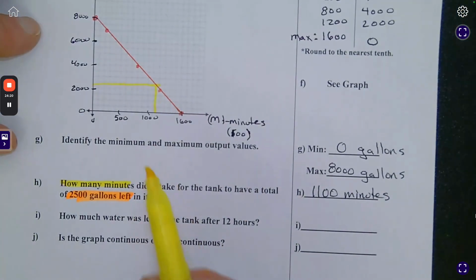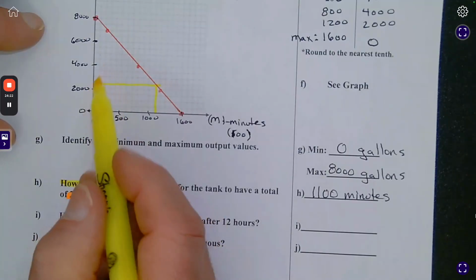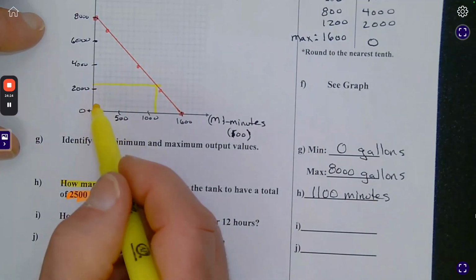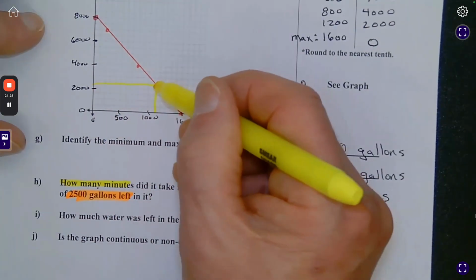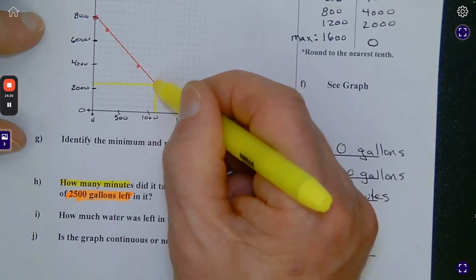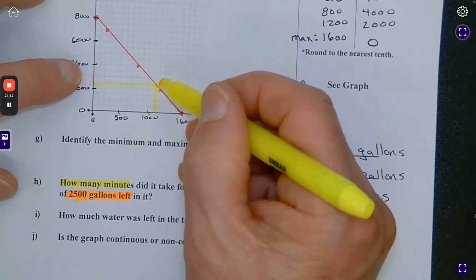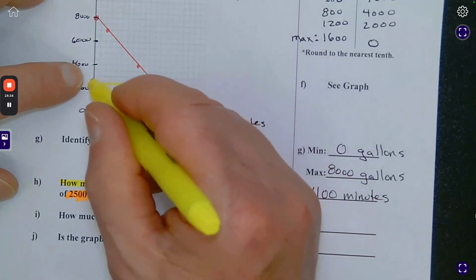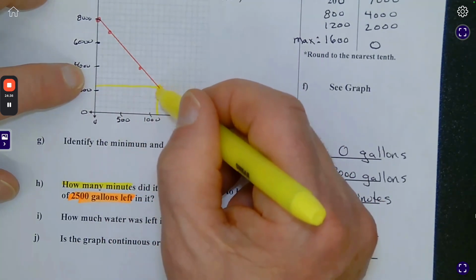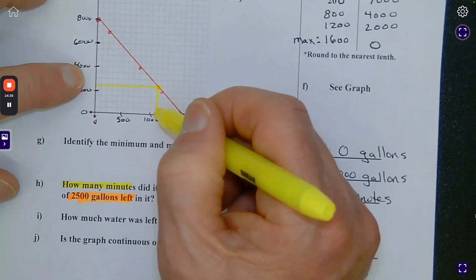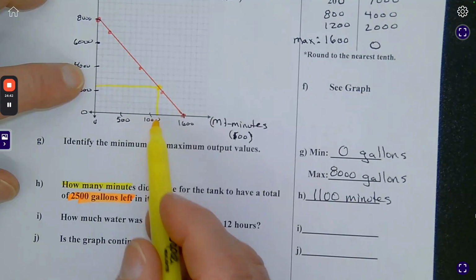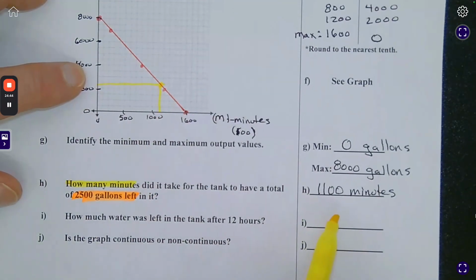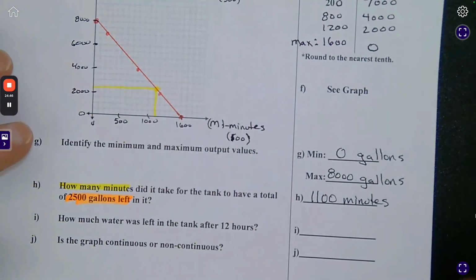Oh, you can't see it. Dang it. Okay, so I followed it over from 2,500. Remember, these are increments of 500, so 2,500 is right there. Hit the graph, because this is on the graph where the y value is 2,500, is straight across. Now you come straight down, and that's the x value, the input, minutes. And look at how it's 1,100. Right what we said.